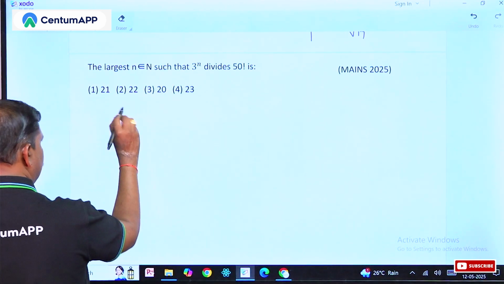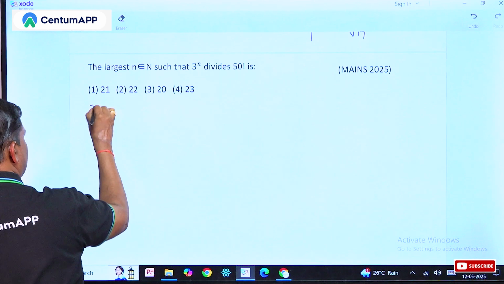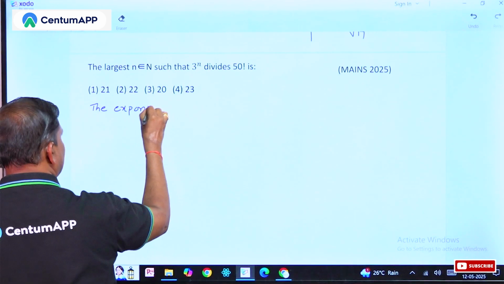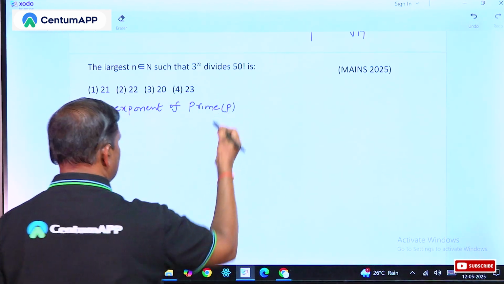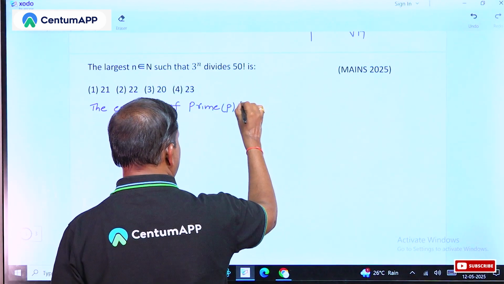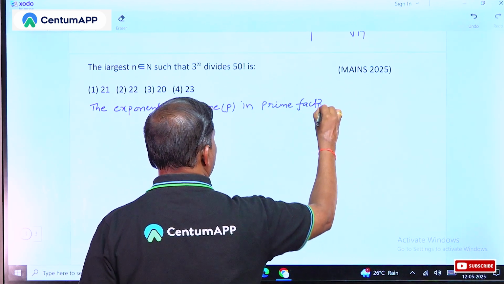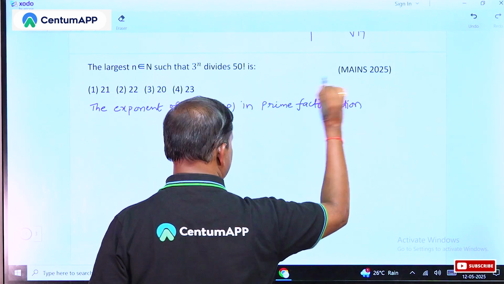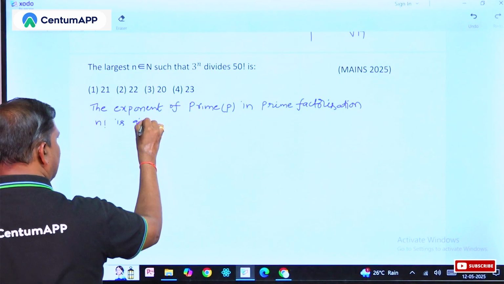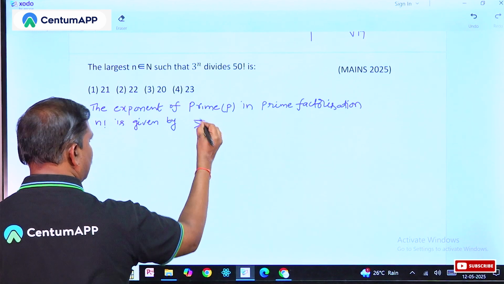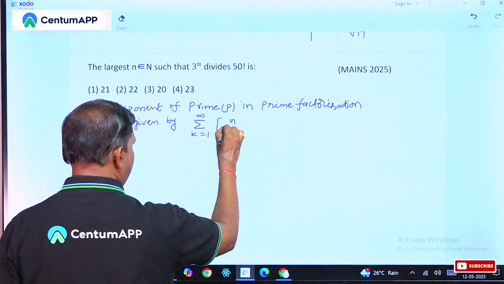That formula is: the exponent of prime number p in the prime factorization of n factorial is given by sigma k equal to 1 to infinity of the bracket of n by p power k.